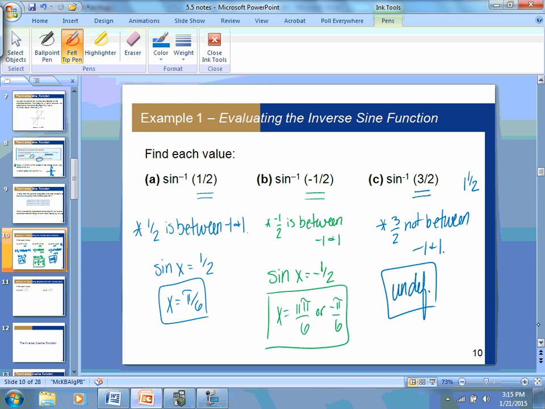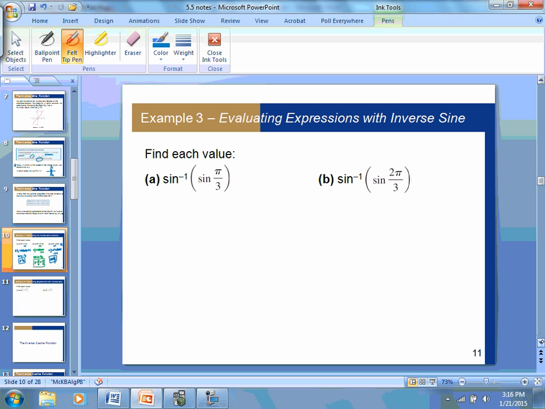Okay, so let's keep moving here. For this example, it says evaluate the expression with the inverse sine, but notice that we're taking the inverse sine of a sine. So this is where we've got those cancellation things going on.